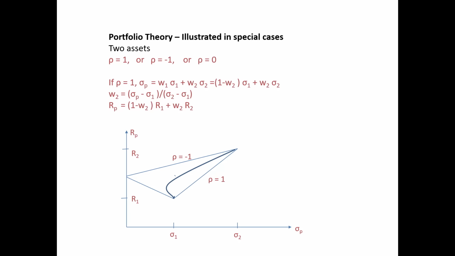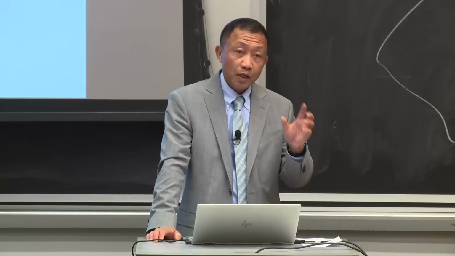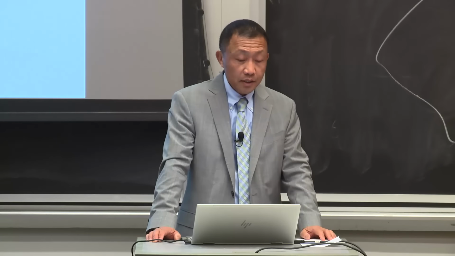Then you can derive the overall return of the portfolio R sub p in terms of W2, because W2 above is a linear function of sigma p. So in this case, the return of the portfolio Rp is a linear function of sigma p. Okay, so this is on this chart.